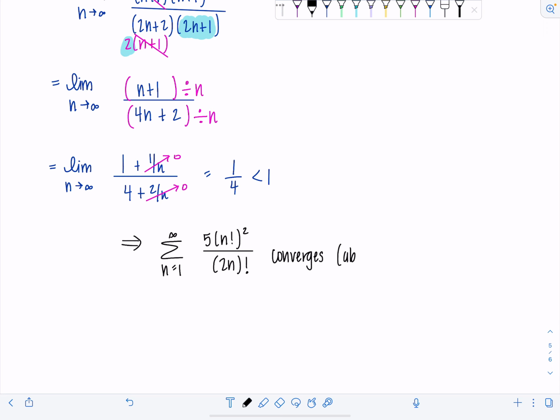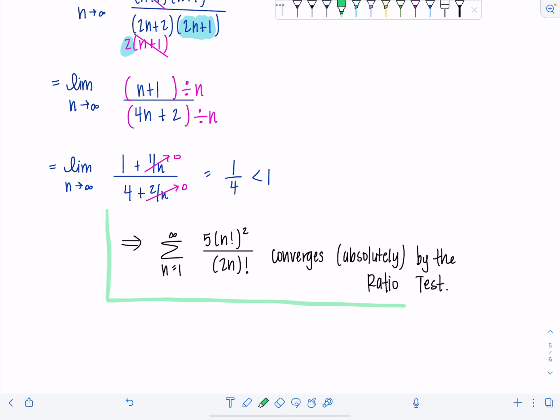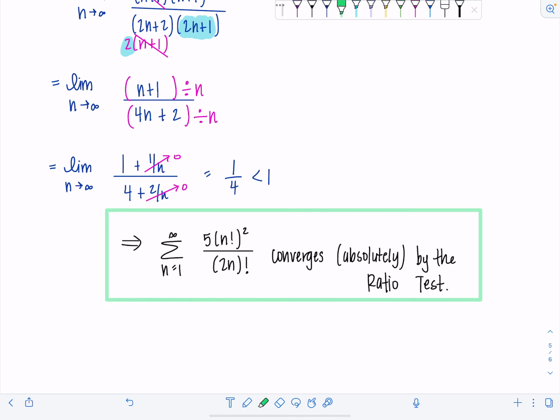You could say absolutely if they ask, by the ratio test. Okay. Yes, you should always rewrite the original sum at the end when you're saying whether or not the series converges or diverges, and state which test you used. This is a complete answer.